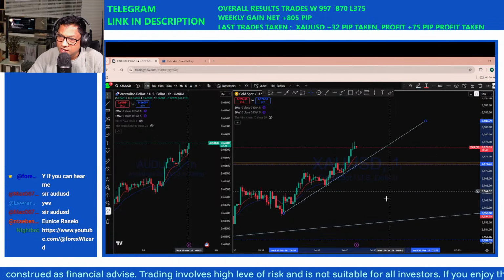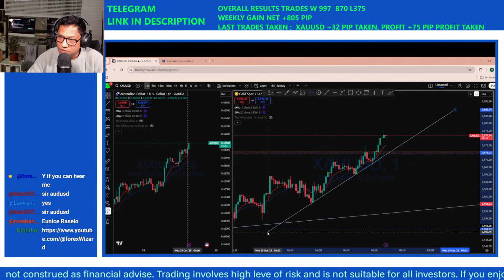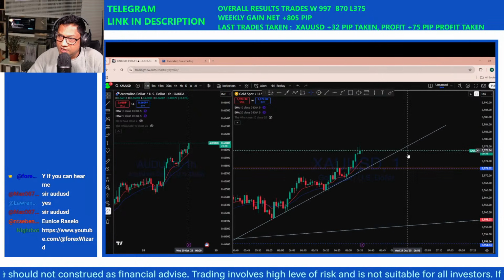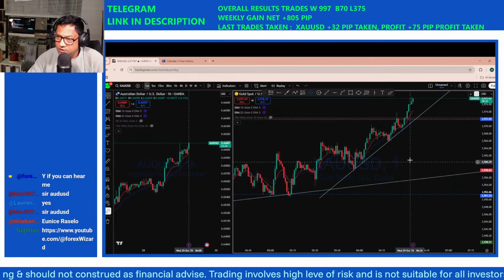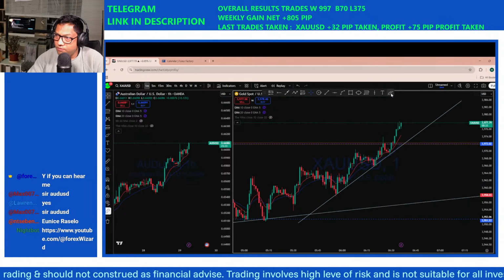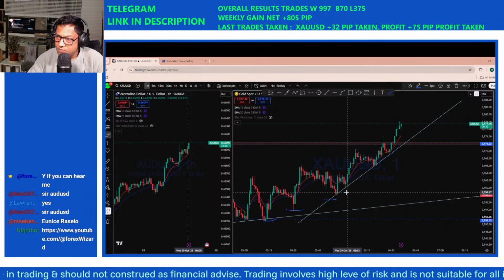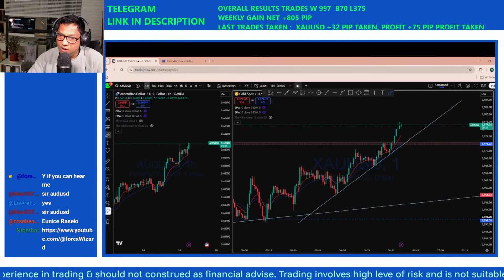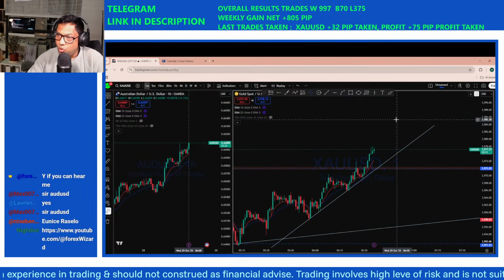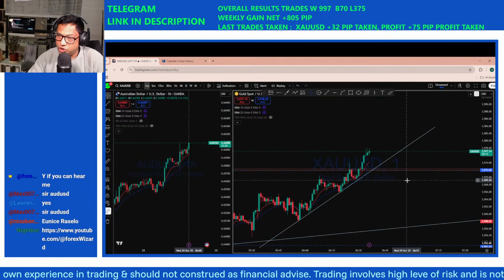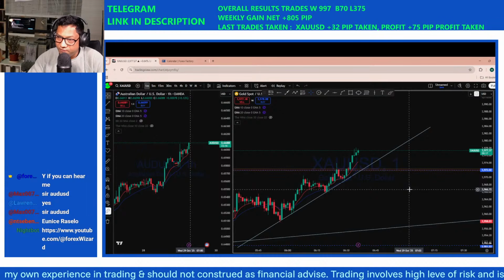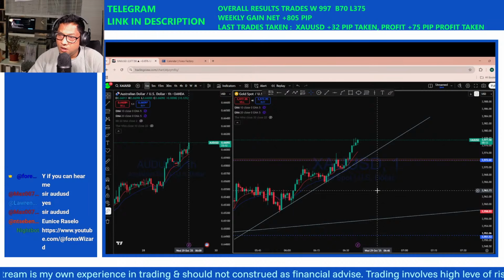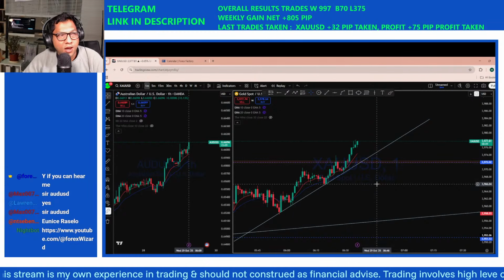The market is maintaining this trend line, and because it is maintaining the series of higher lows starting from here, we can expect this market potentially to break from the trend line and then break any of the swing lows, and that's where the entry is.